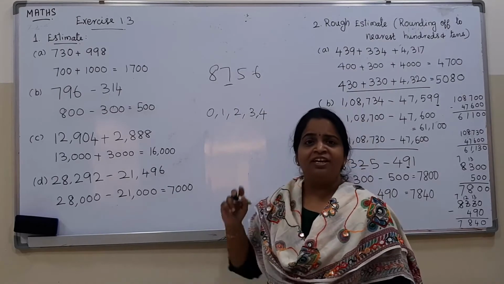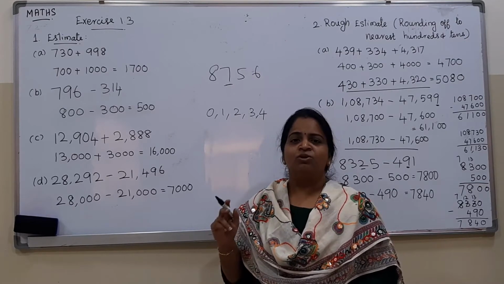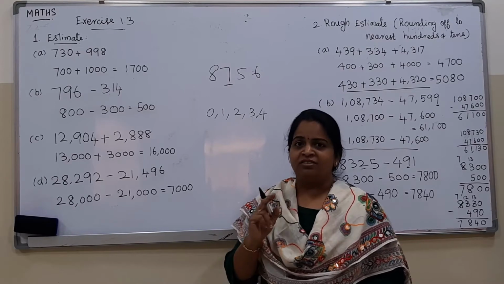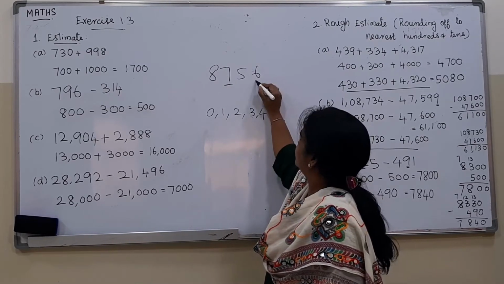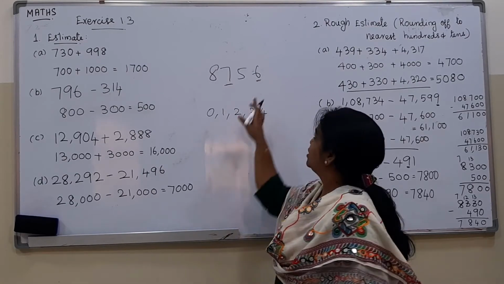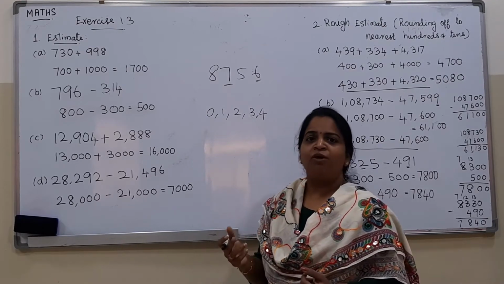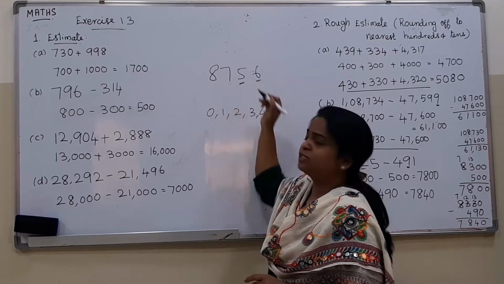You should check the number in the ones place. Rounding to the nearest 10, you have to check the number in the ones place. If it is 5 or more than 5, you have to add 1 to the number in the tens place.